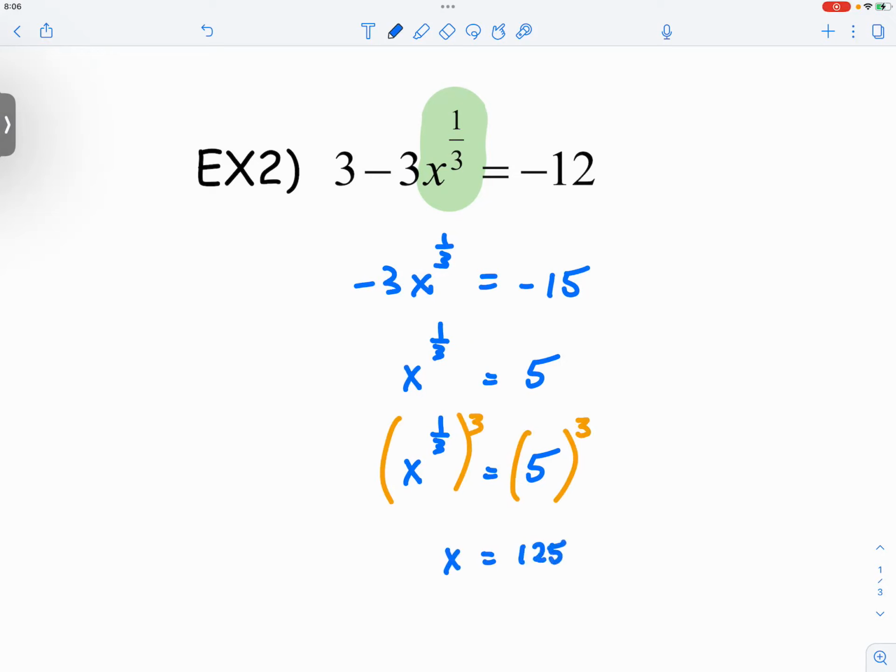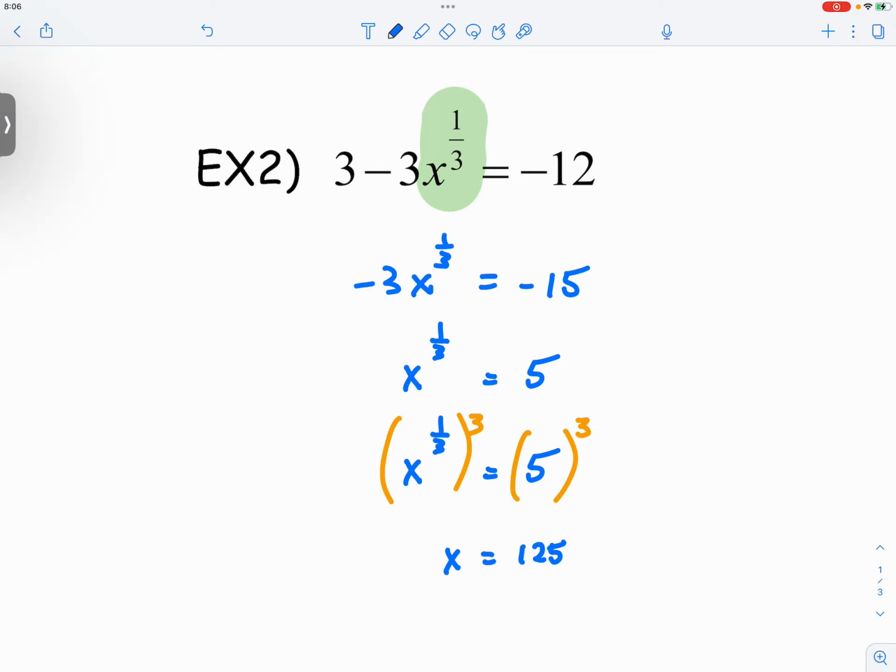Your job is to make sure you get x by itself, and not only x by itself, the exponent has to be equal to 1 at the end. When you divide by -3, then that becomes 5.